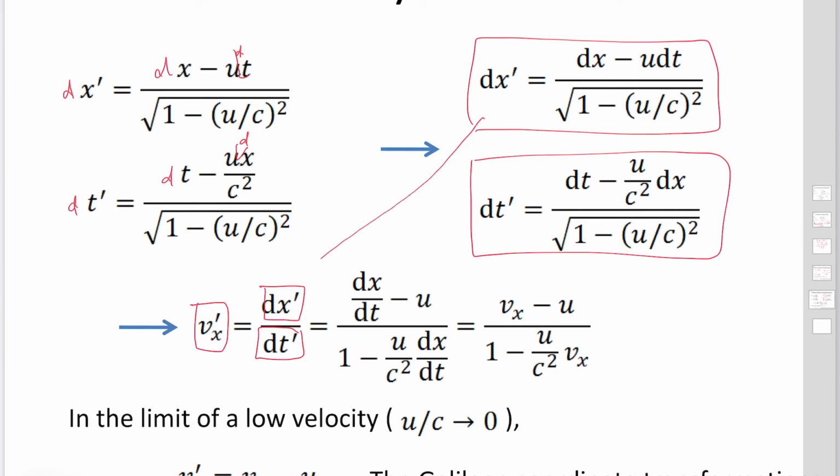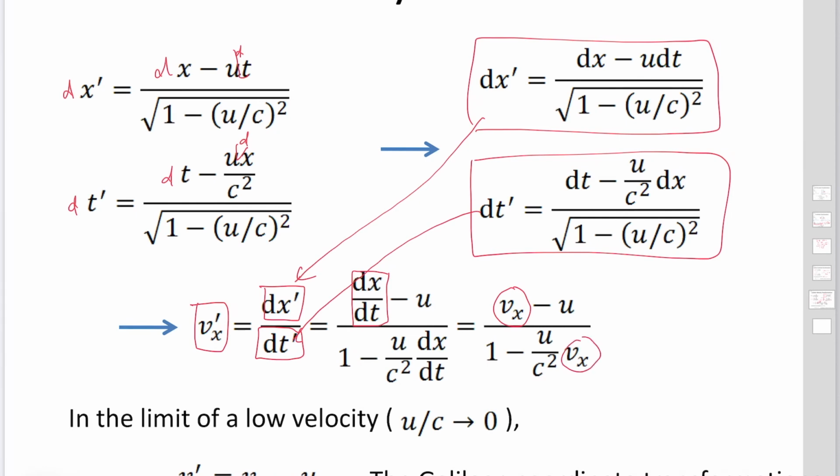So you can substitute these 2 equations here. Then divided by dt, you will get the next lines. Then dx over dt: distance is measured in the S frame, and time is also measured in the S frame. This is the velocity in the S frame, so it's going to be v sub x, and 1 minus u over c squared times v sub x.